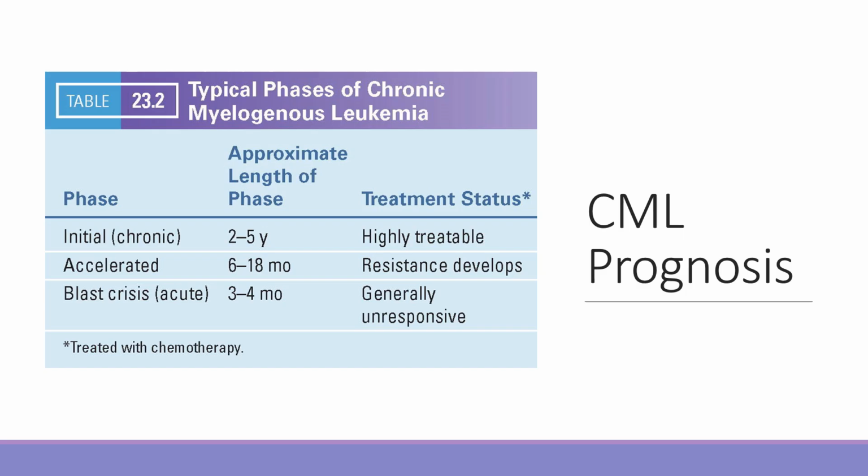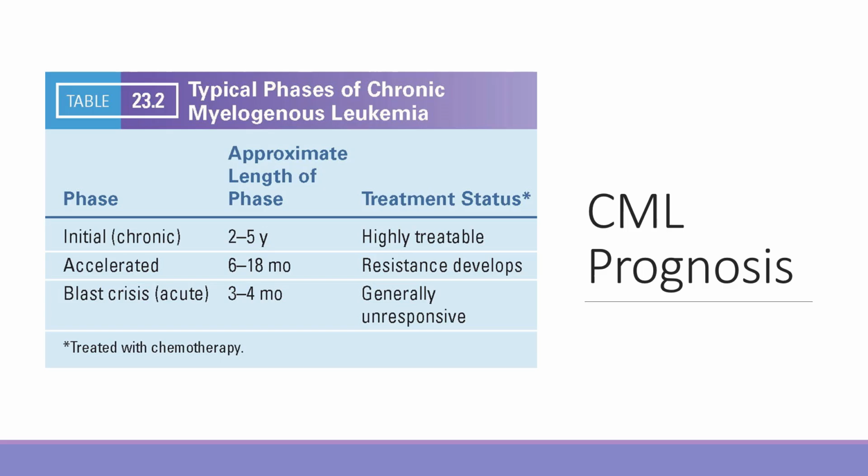Once we get into the accelerated phase, though, we have a shorter period of time in which that phase lasts. And it's really during this time when we start to see chemotherapy resistance developing. And unfortunately, blast crisis or that acute phase, which lasts only about 3 to 4 months, is generally unresponsive when treated with chemotherapy.